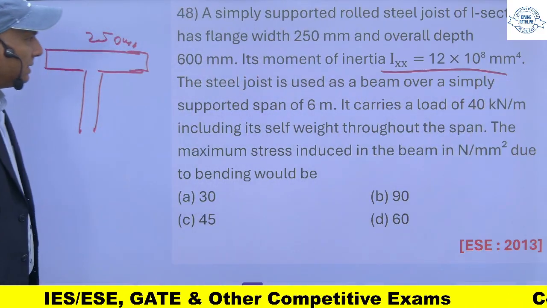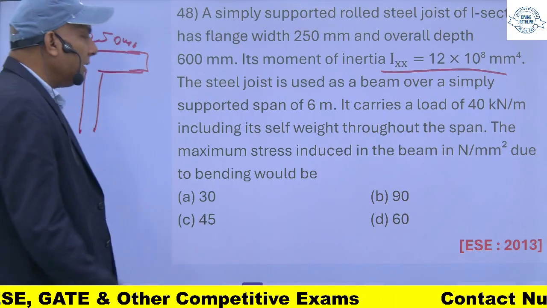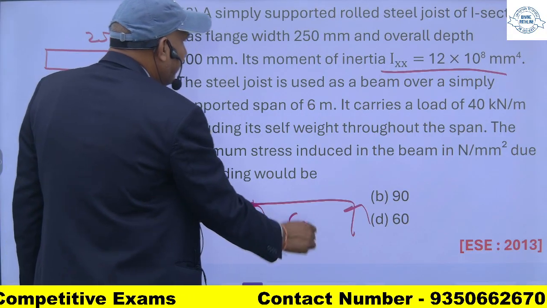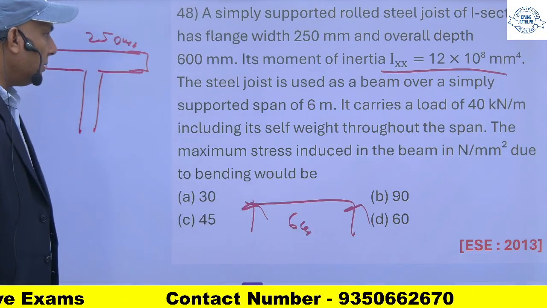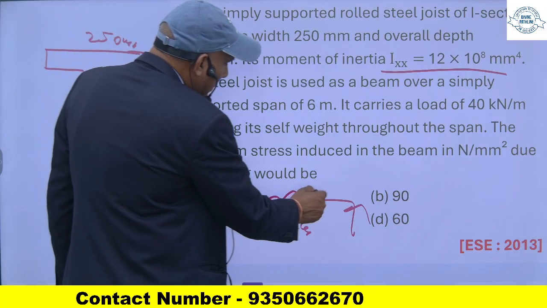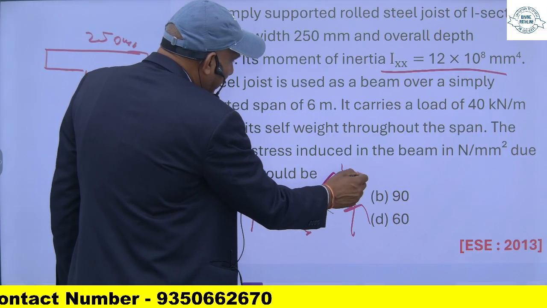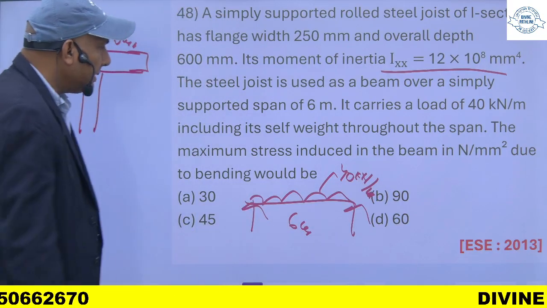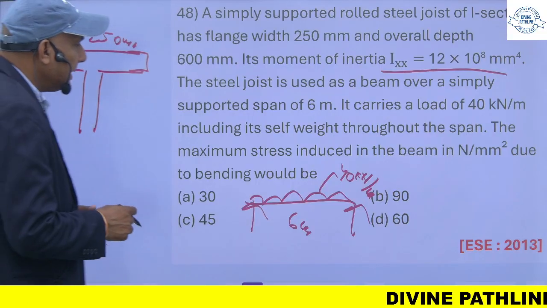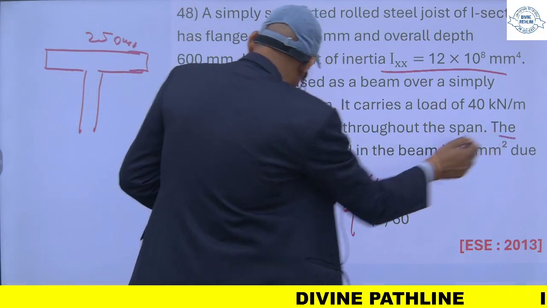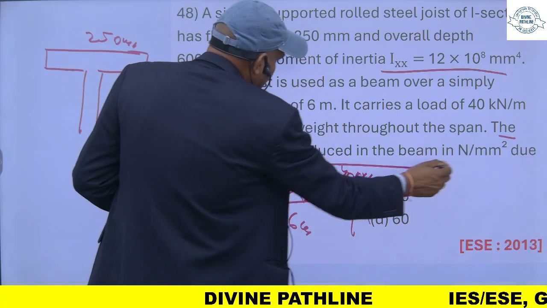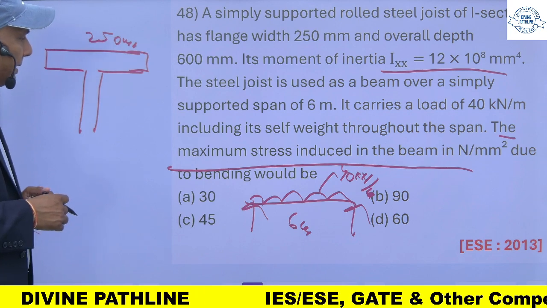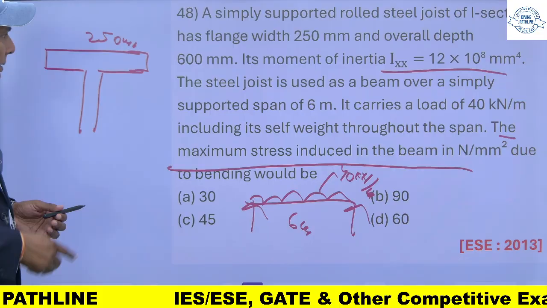The steel joist is used as a beam over a simply supported span of 6 meter. It carries a load of 40 kilonewton per meter, including self weight, throughout this span. The maximum stress induced in the beam in Newton per mm square due to bending will be how much?